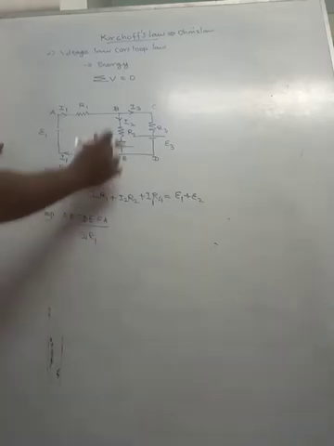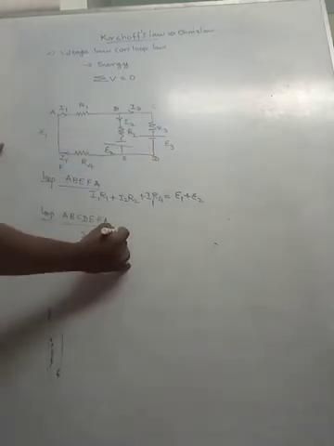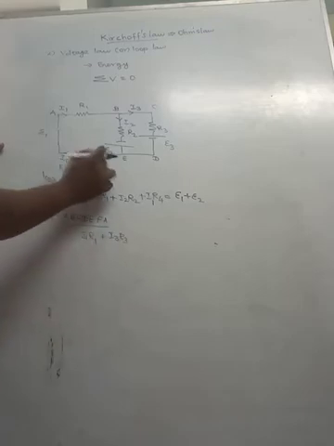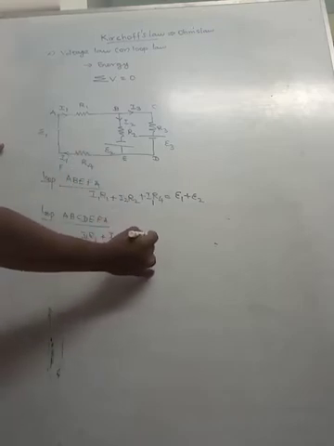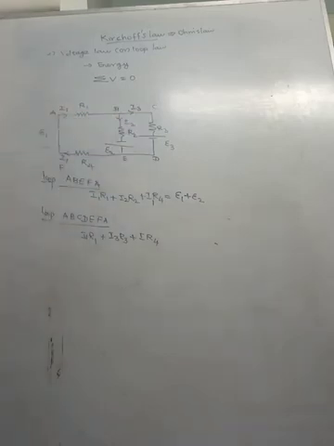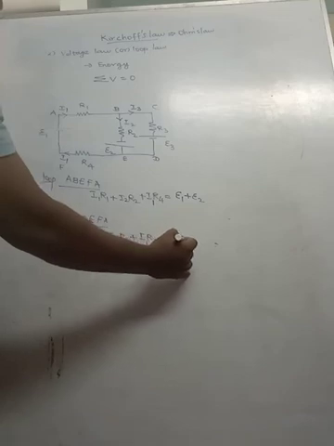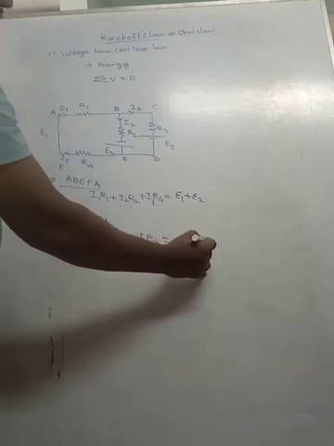Here this path is not valid, so you have to take I3 R3, then plus I1 R4. Here also all are considered positive because the current is moving in the same direction. Then I1 R4 is equal to E1 minus E3.